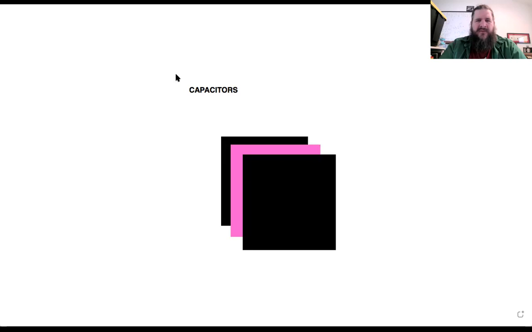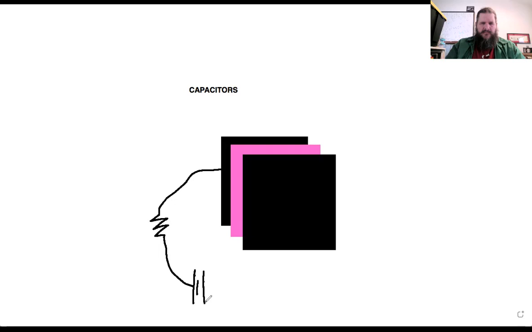Which means if we have some wires connecting here, let's say we have some wires that connect from this plate, and let's say to a resistor, and then to a battery, and then to this plate.